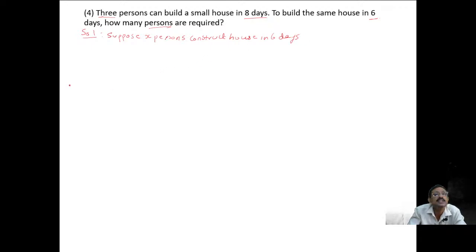Okay? Then, suppose we have a table over here, or if you don't even have, we can write it in the form of number of persons and number of days. So, we'll get an idea. Number of persons. And let us write here number of days.